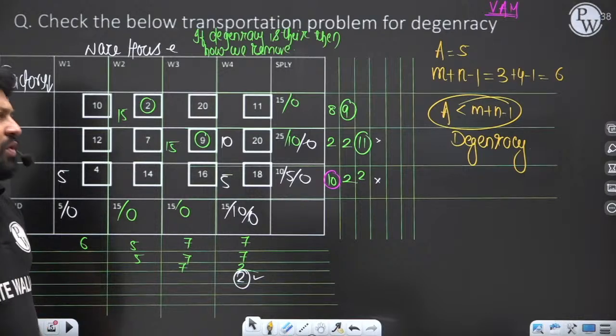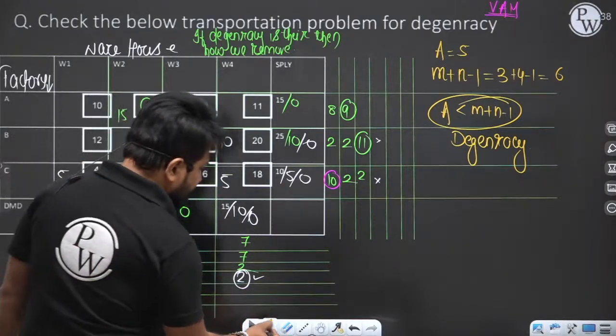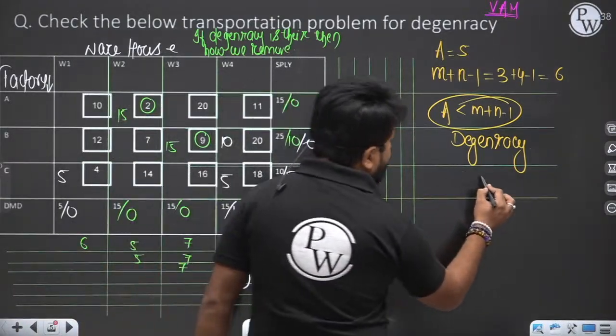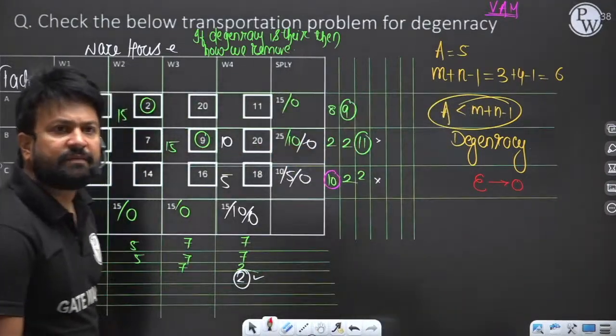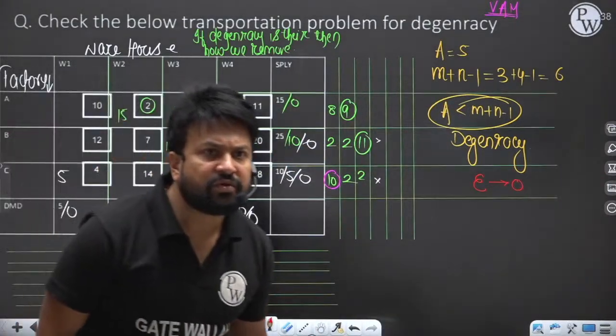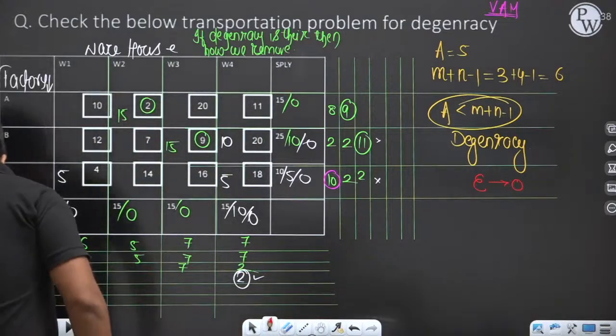My dear, you have to allocate a small value eta which tends toward 0. Yes, this is from Modi's method.